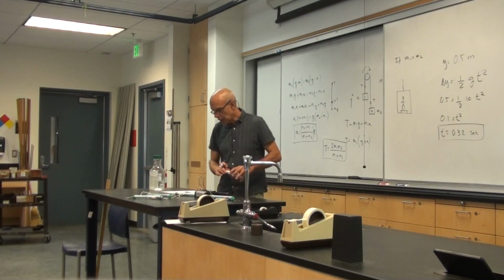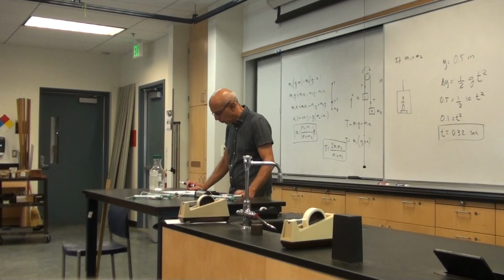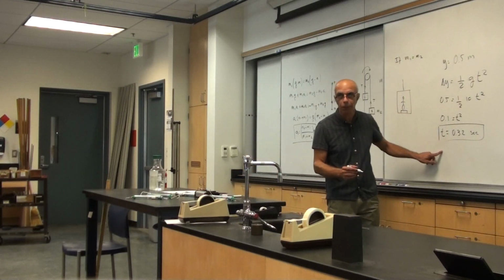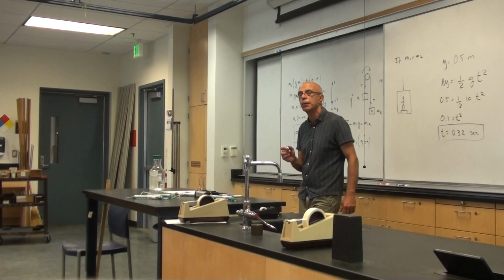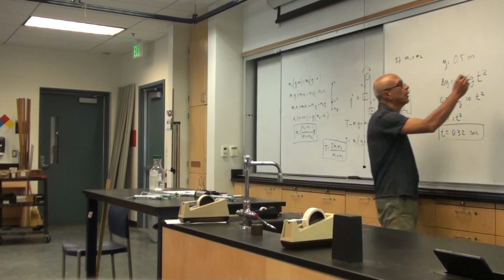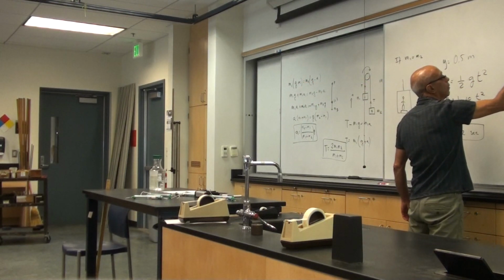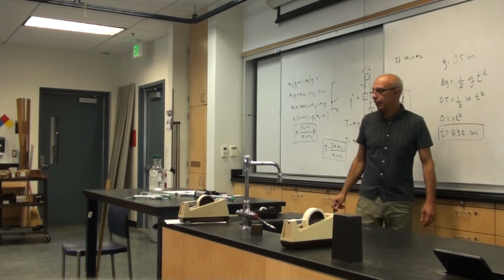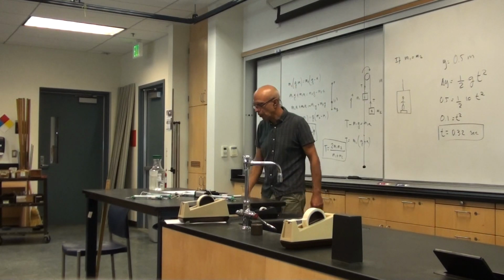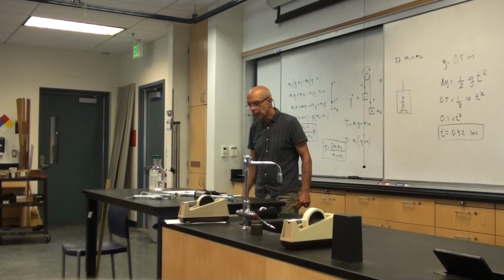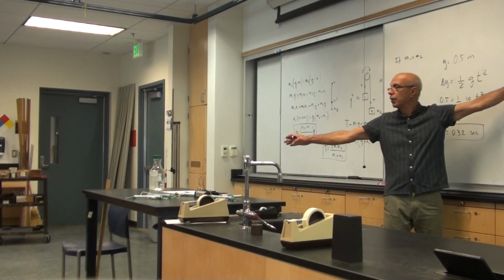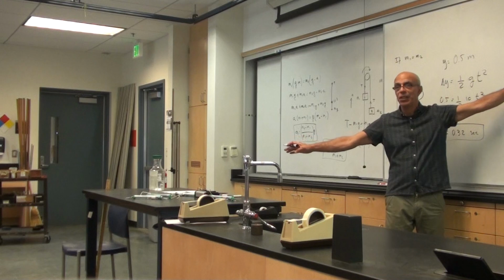Now, what's going to be my speed when I hit the ground? What is the formula that I'm going to use? Velocity final equals velocity initial plus g t, like that. Is that okay? So the initial velocity, what is the value of the initial? I'm on the top of the chair. It's 0, right?